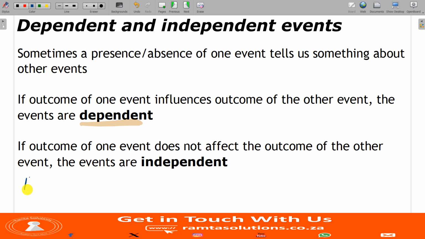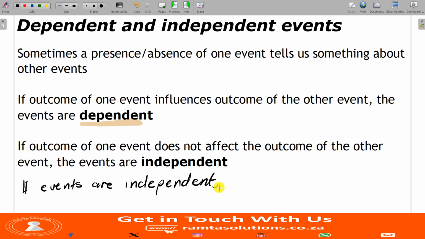If events are independent, they will obey this formula.